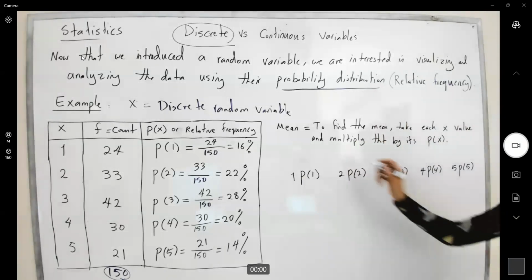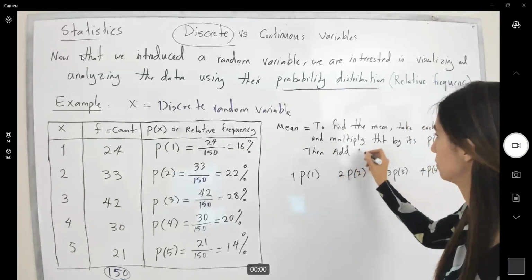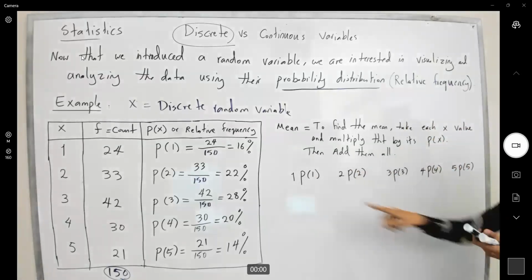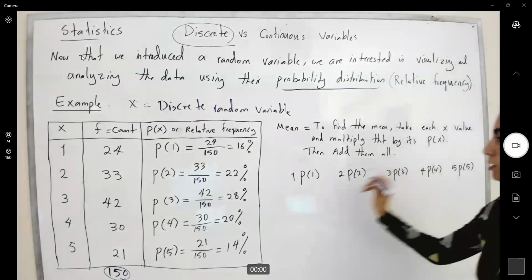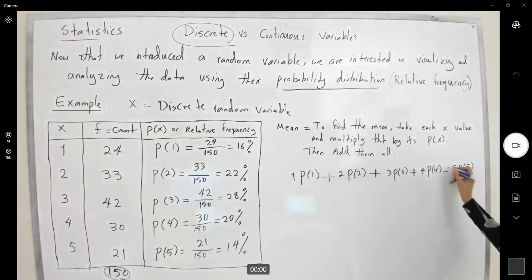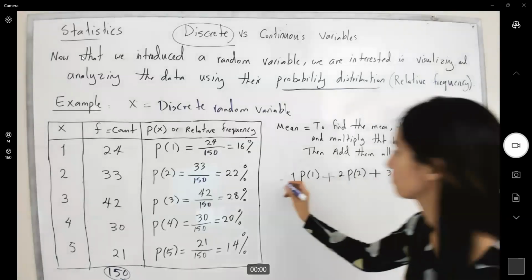Okay? Then add them all. So after you do the multiplication, you're going to add all of these numbers together. This guy is going to be your mean.